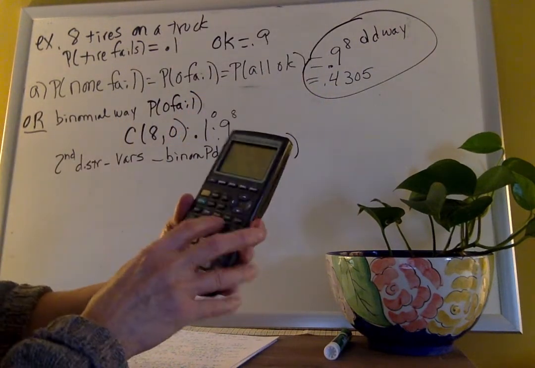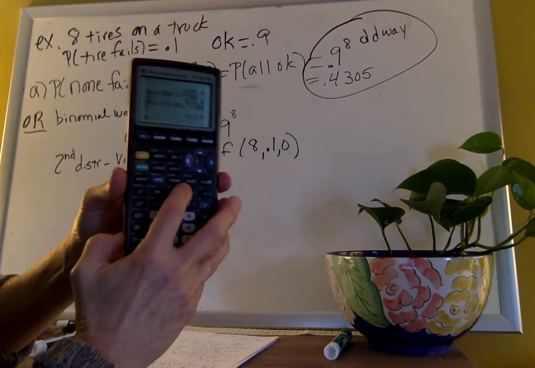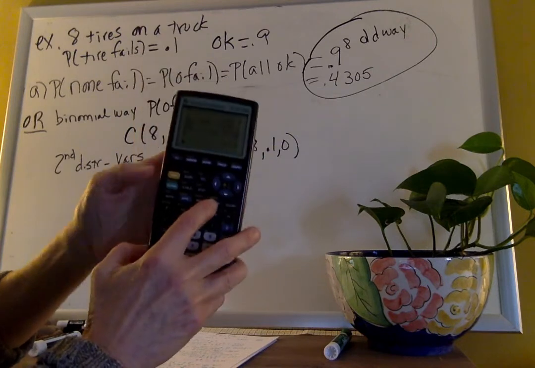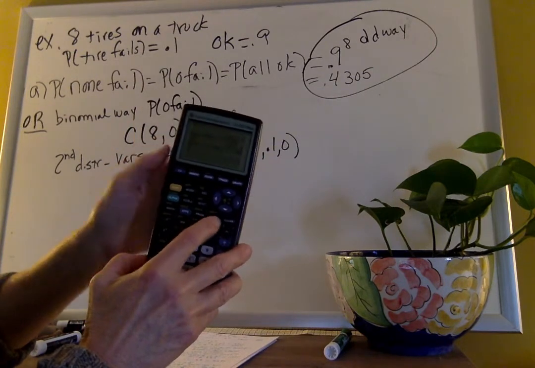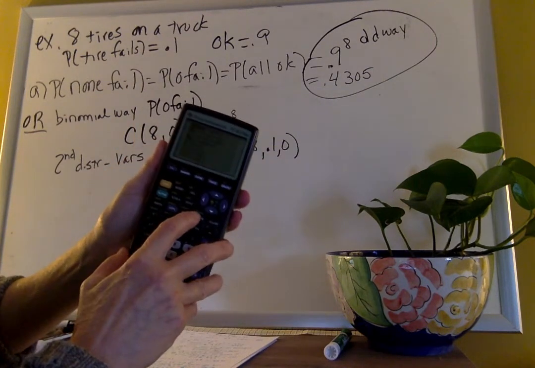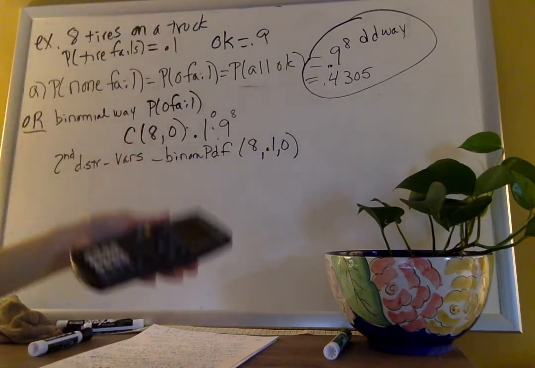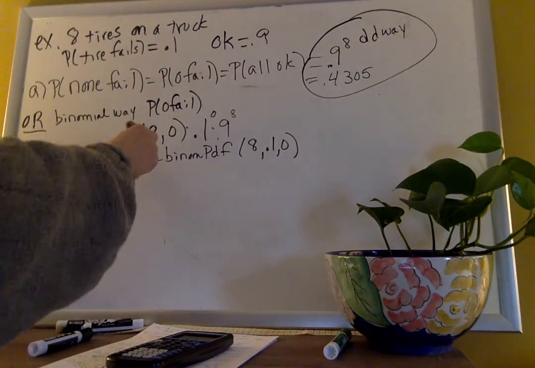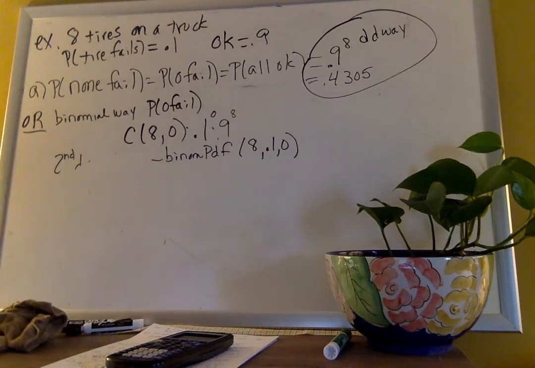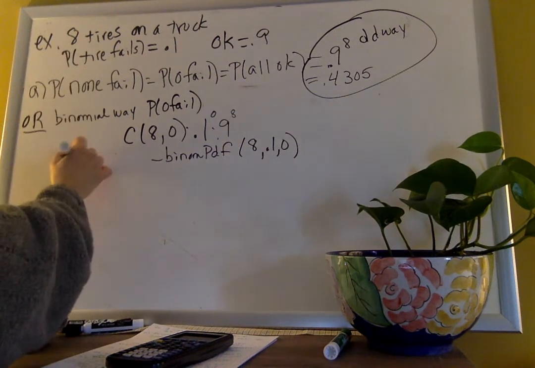Okay, so you have to find your vars button. Go to the second function of vars. We'll pull up distribution. Oh, I wrote that backwards, didn't I? I wrote it right in the notes. You should always go with my notes.